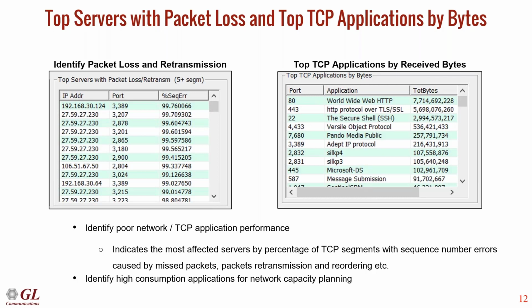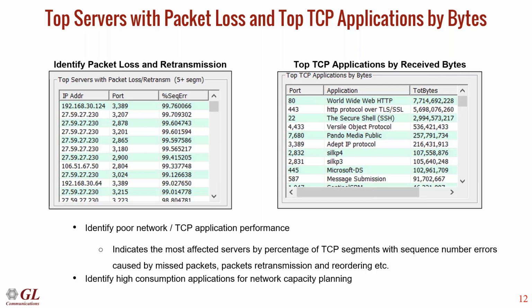internet traffic. These statistics will be useful when identifying poor network or TCP connection performance. Suppose you have a huge network and you are facing a poor network problem, we can identify the root cause of that particular problem by identifying the particular IP address and port number. In this case, the first one is to identify packet loss and retransmission.